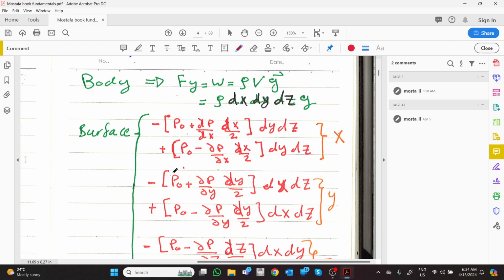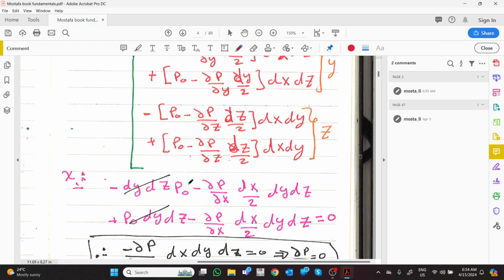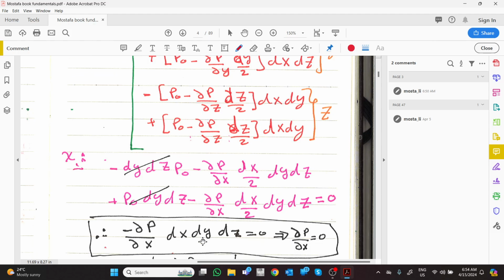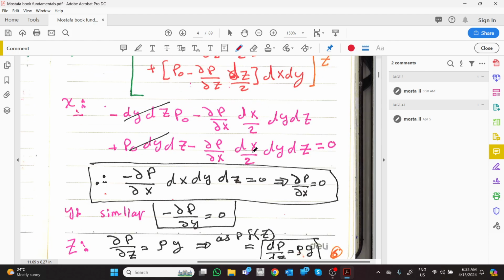This will be gone with this, so you will have B naught with minus, B naught with minus also. So you can add these two together, and this one will go with this one. So you'll have this formula, which is very simple: dx dy dz equal to 0.